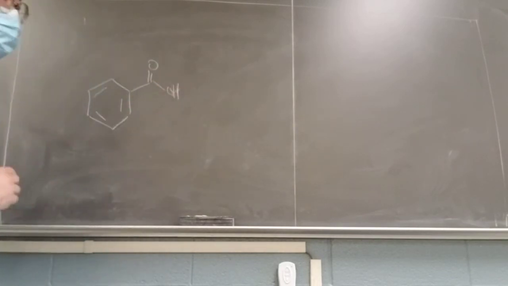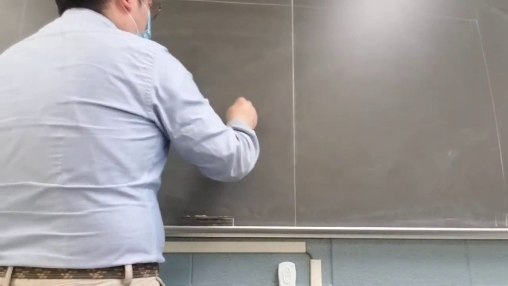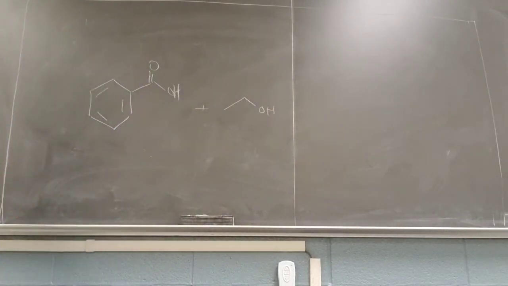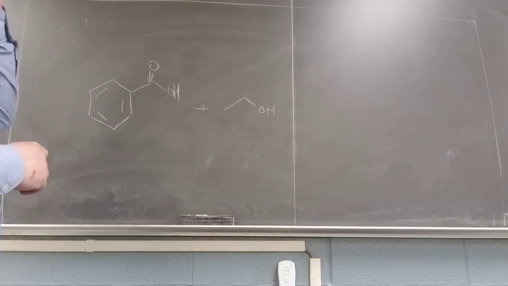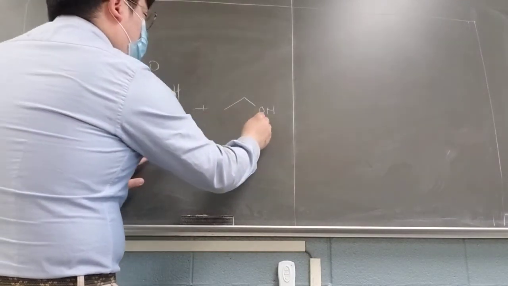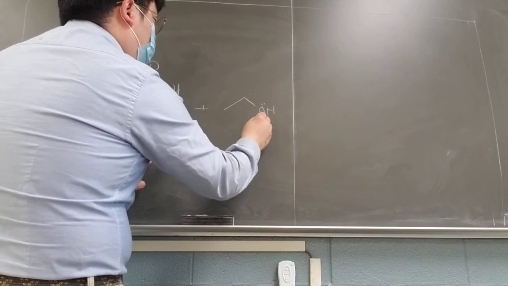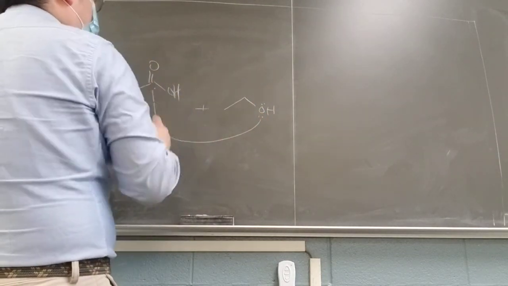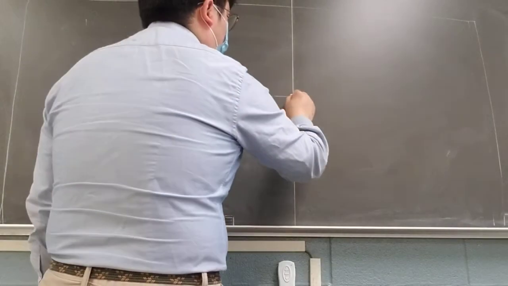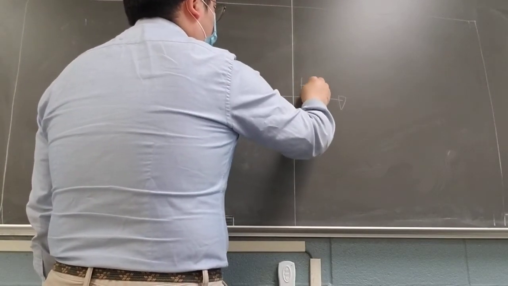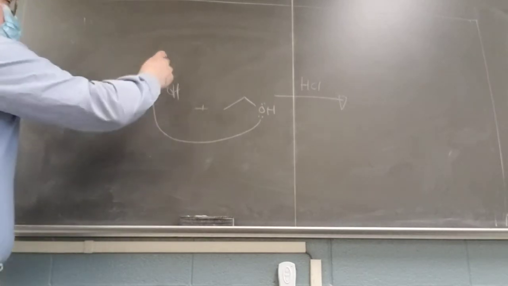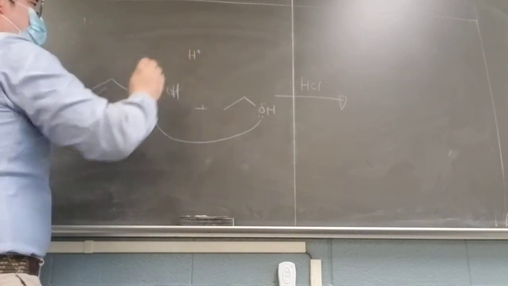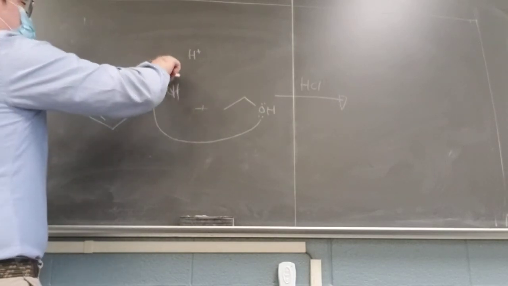So this is a carboxylic compound, and you can treat it with some alcohol. In this case, what you can do is this one will go to here. But before it goes there, it has to be treated with some acidic condition, because this oxygen here will catch the hydrogen cation.